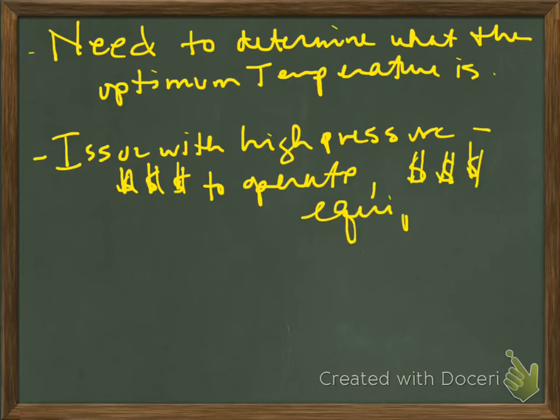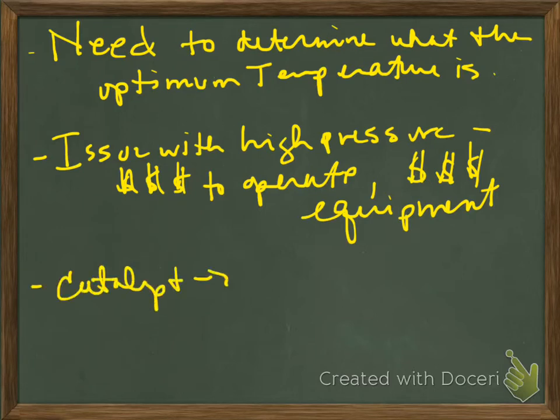When you have to build a reactor that can be operated at high pressure, the engineering, the materials are a lot more money than one that's going to operate at atmospheric. All right, and getting back to the catalyst, the process uses iron, okay, and typically powdered, because that is going to increase the surface area. Okay.